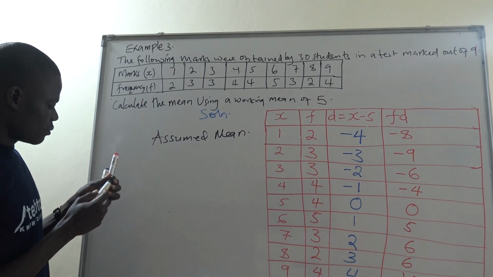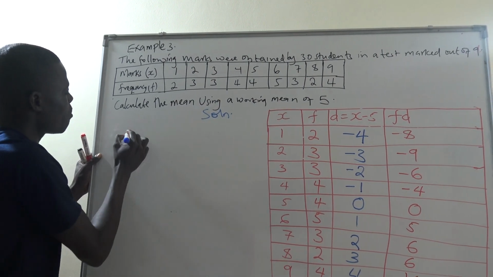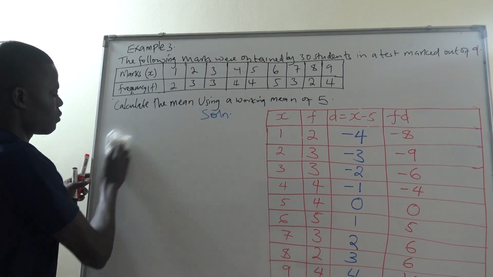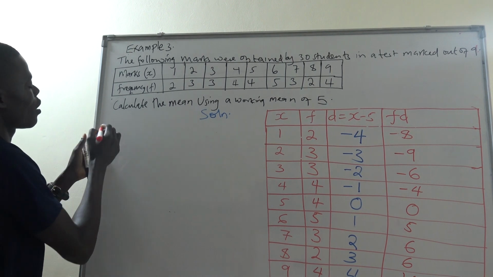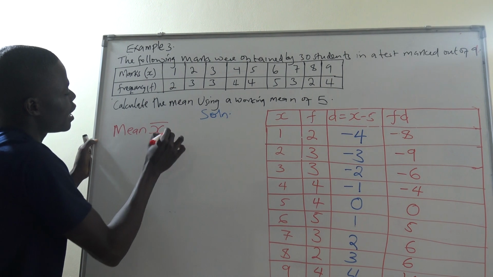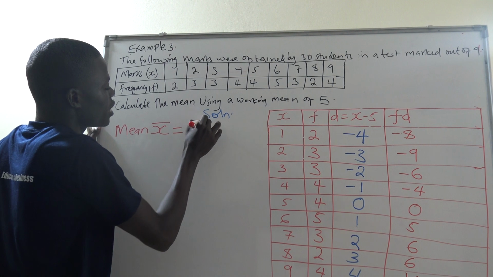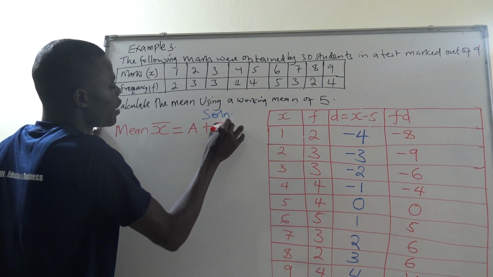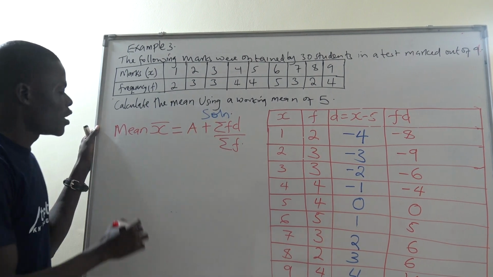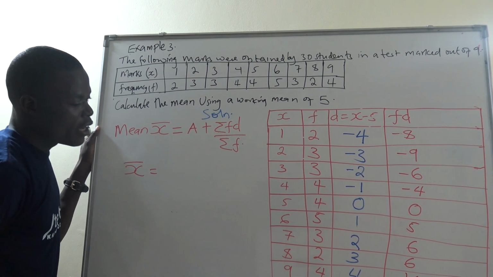So our mean, which we denoted as x bar, is given by A, which is the assumed mean, plus summation of FD out of summation of F. So our x bar equals, we substitute the values.